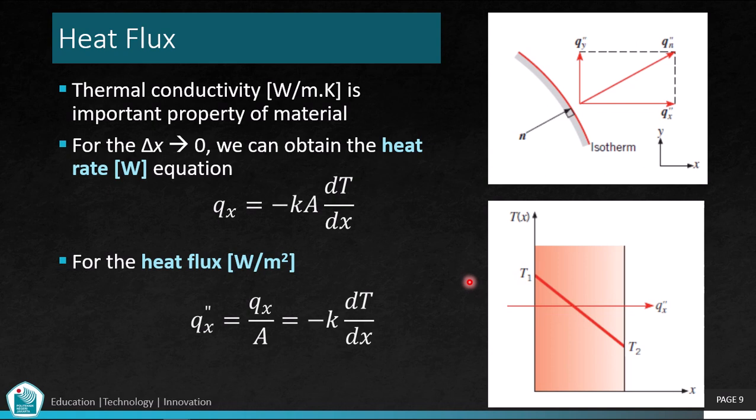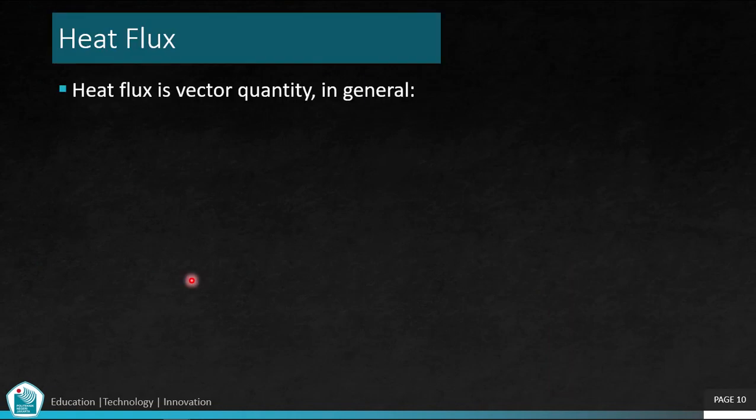We can see that the dT over dx is negative. So heat flux is a vector quantity because it has a magnitude and it has a direction.